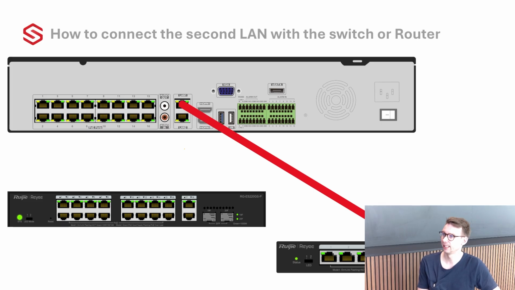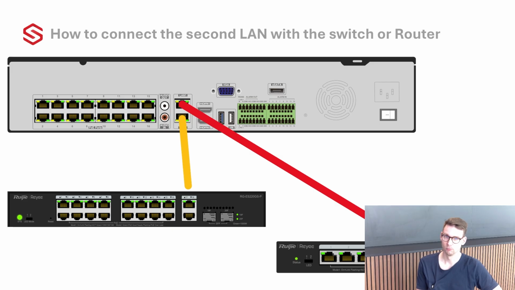And now we're adding our PoE switch to the network and connecting it to LAN port number 2. Then we have our IP cameras on this PoE switch. You can see here in this slide, basically like that, we have our IP security system separated from the main network.